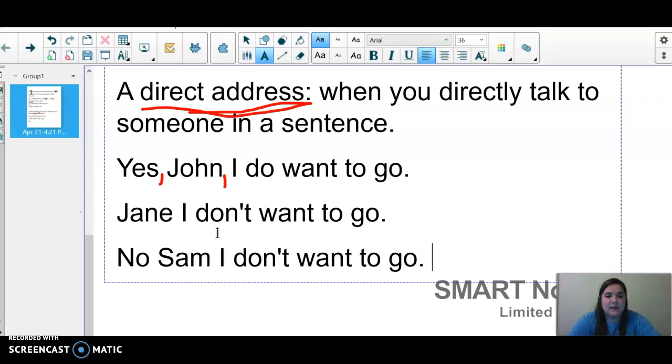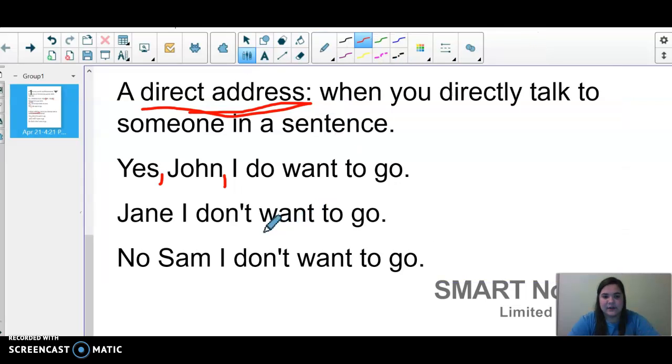So in these second two examples, we have a person that we're directly addressing or a person we're directly talking to in this sentence. So if we look at this one, do we have an introduction or an introductory word before that person's name? We don't. We don't have yes. We don't have maybe or anything like that. We just have this person's name. So we don't need to put anything before that person's name, but we do need to put a comma after.